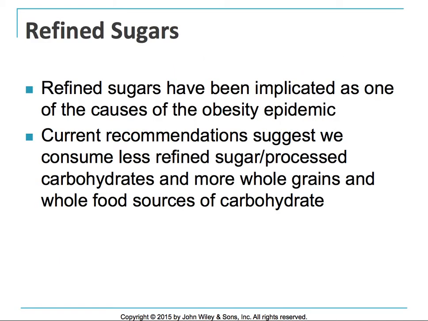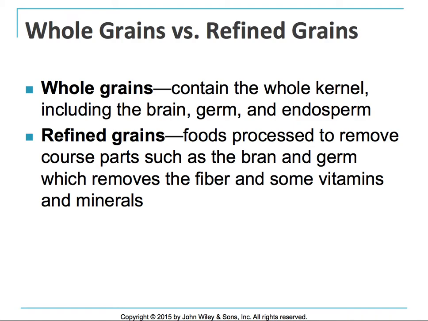Refined sugars have been implicated as one of the causes of the obesity epidemic. Current recommendations suggest we consume less refined sugar and processed carbohydrates and more whole grains and whole food sources of carbohydrate. So, what's the difference between whole grains and refined grains?